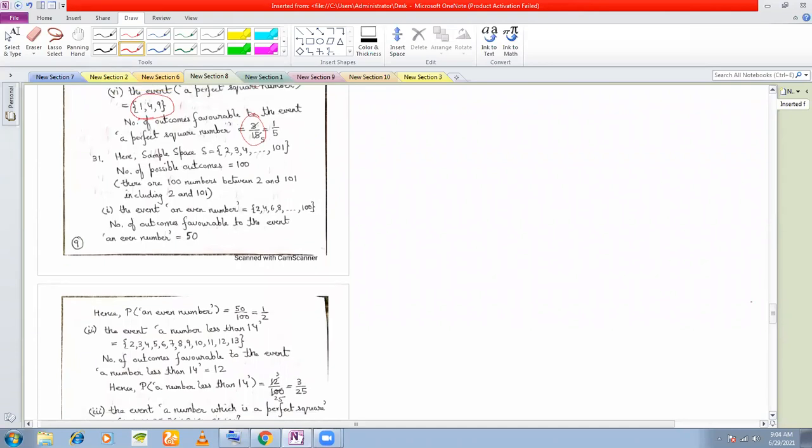Moving on to the next question. The question here is: cards marked with numbers 2 to 101 are placed in a box and mixed thoroughly.